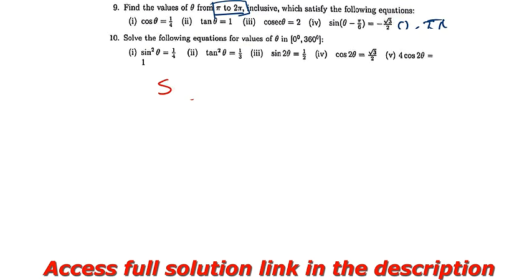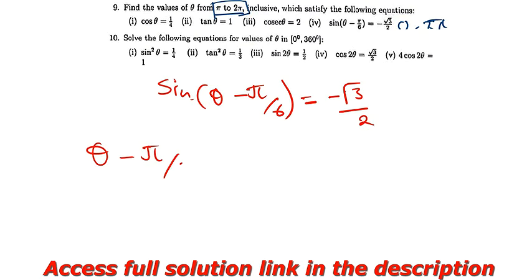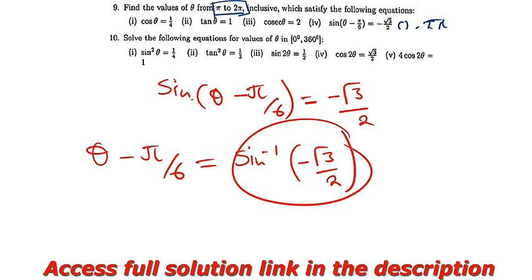Then we have sine of theta minus pi over 6 is equal to negative root 3 over 2. Our goal is to find the value of theta. So find on both sides the sine inverse. So theta minus pi over 6 remains this side. This side we're going to have sine inverse of negative root 3 over 2. Now I don't want to solve this the way it is.